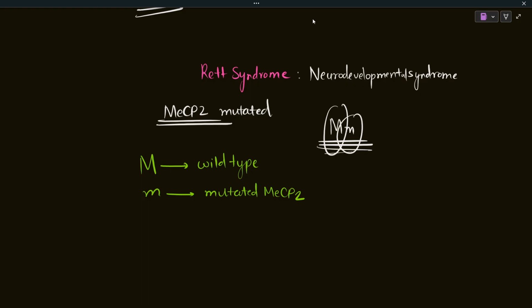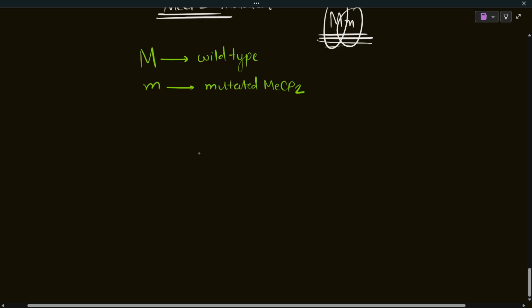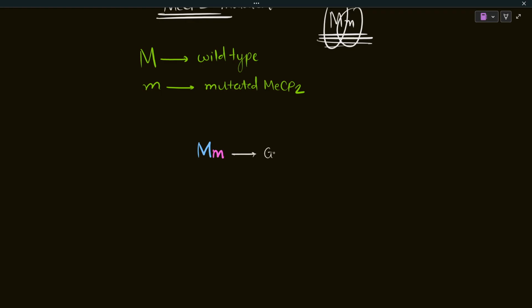Let's assume the wild type copy is the paternal copy, while the maternal copy is the mutated copy. This is the genotype of the embryo.